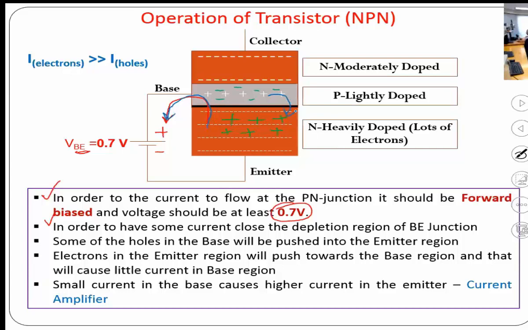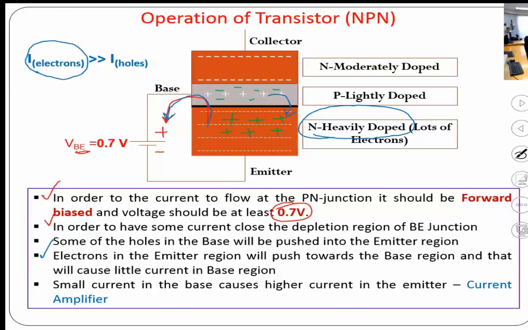So now you have an electron current and also a hole current, but the electron current is extremely high because the doping concentration of the emitter is extremely high. So all the electrons in the emitter region will push towards the base region. You're going to have very small current onto the base region.